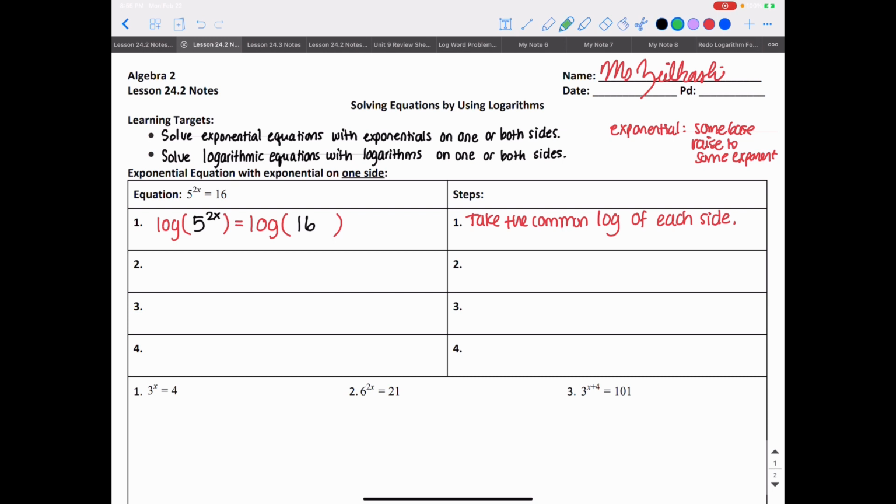The next thing I'm going to do is I'm going to rewrite the logarithms so the variable is not in the exponent. So right now this variable is in the exponent. I want to take it out of the exponent.